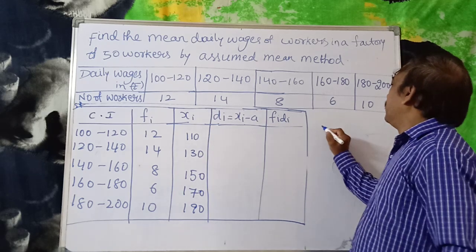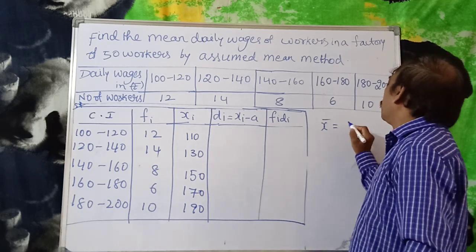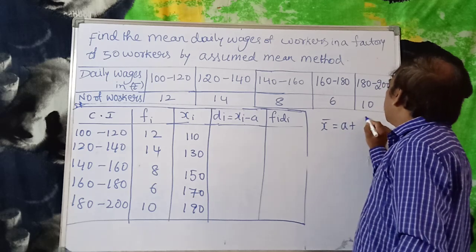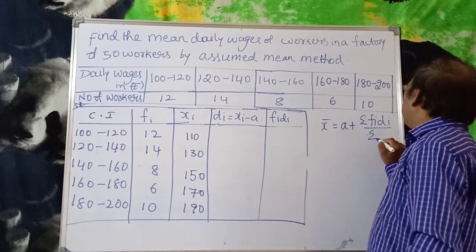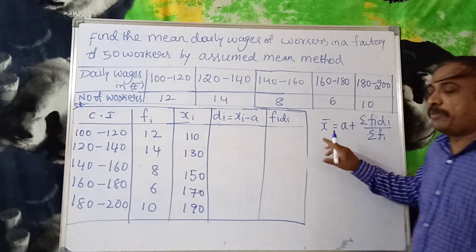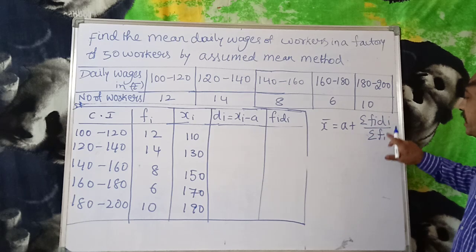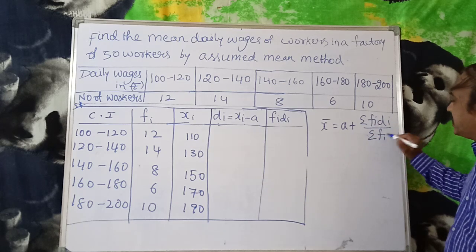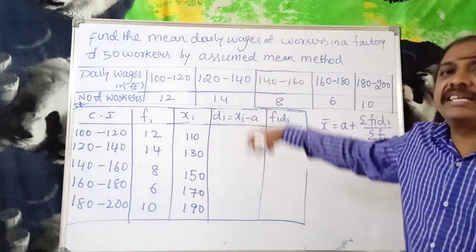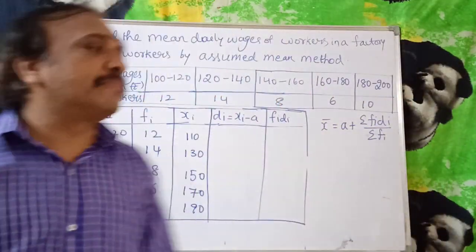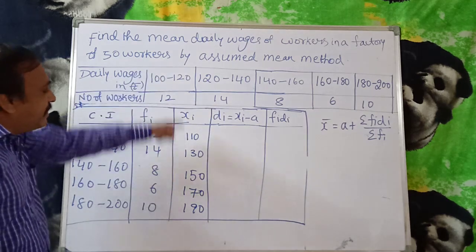That is, x bar is equal to a plus sigma fi di by sigma fi. This is the formula. In this, the first value is a. Among the class marks, you can assume any value.